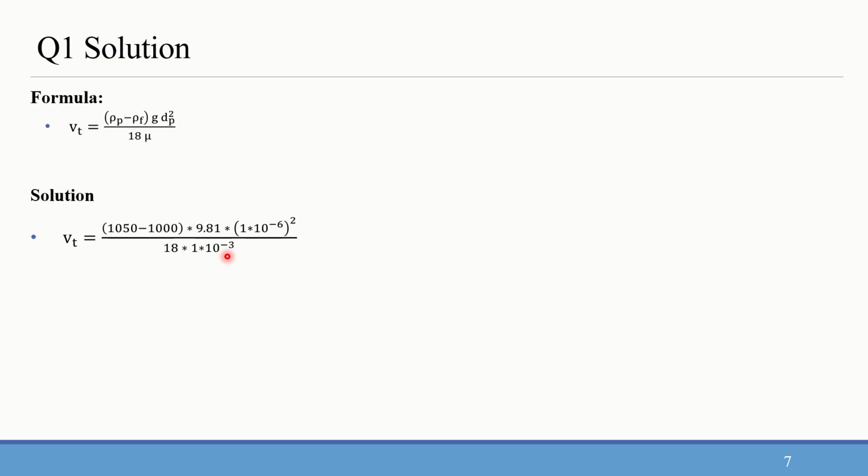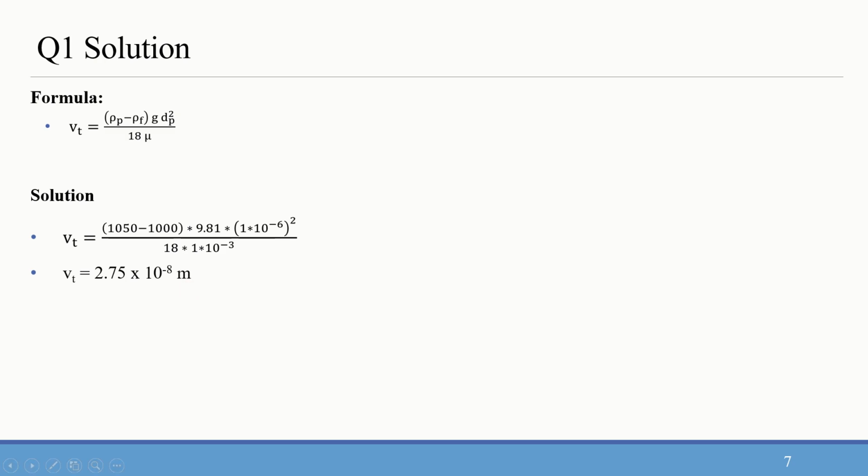So when we do that, what are we getting? We are getting 2.725 into 10 power minus 8 meter.